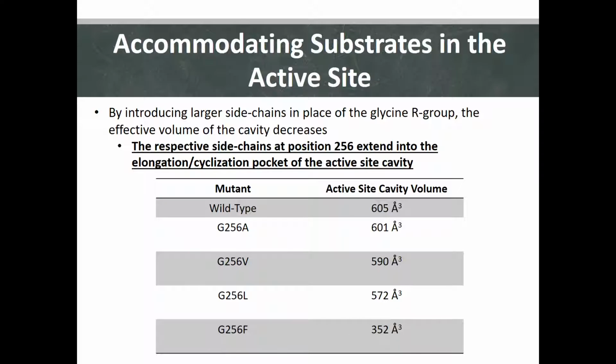So here we are incrementally increasing the side chain size and thereby causing a decrease in the active site cavity volume. And this is very important because this is going to severely restrict the elongation or cyclization pocket of the active site cavity, and it places restrictions on how big your polymerized product can become.